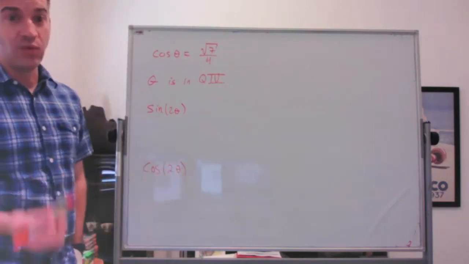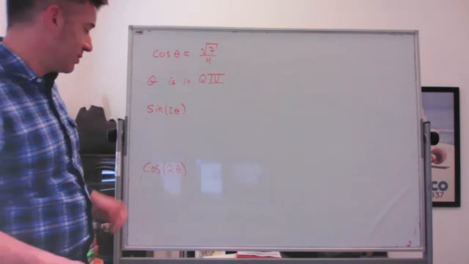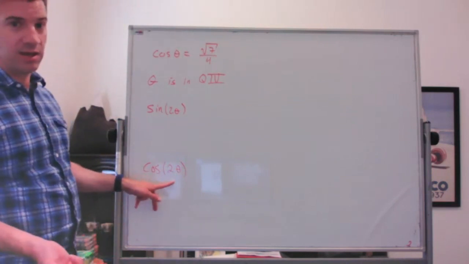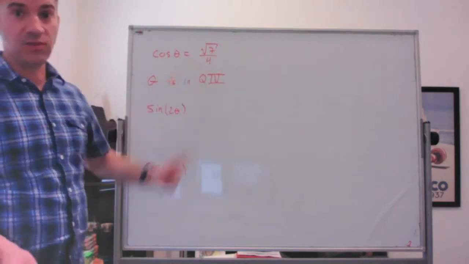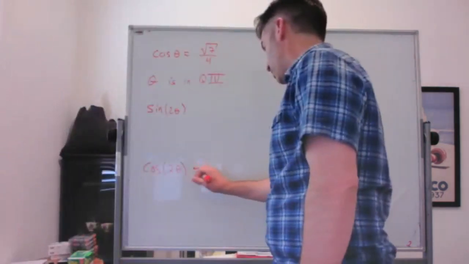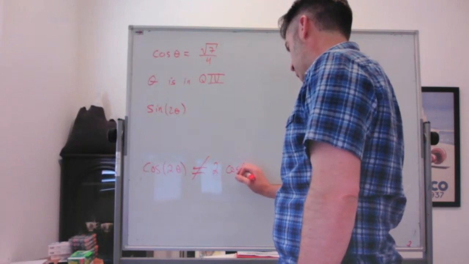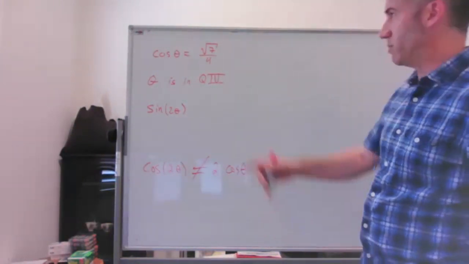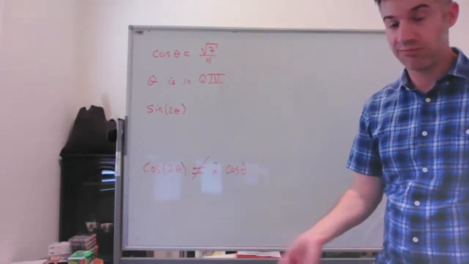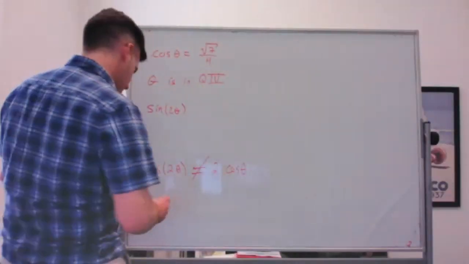What I really want to emphasize here is we cannot just say cosine of 2 theta is twice that. It is really not true. Cosine of 2 theta does not equal 2 times cosine of theta, which would be the square root of 7 over 2. Can't be. Instead, we have to use the formulas.